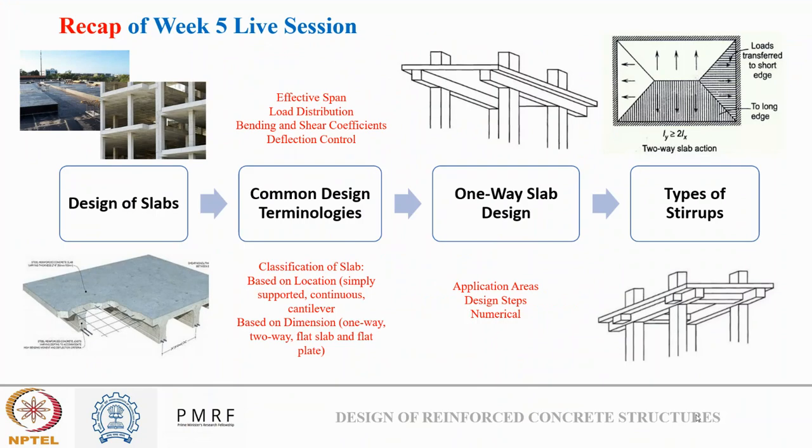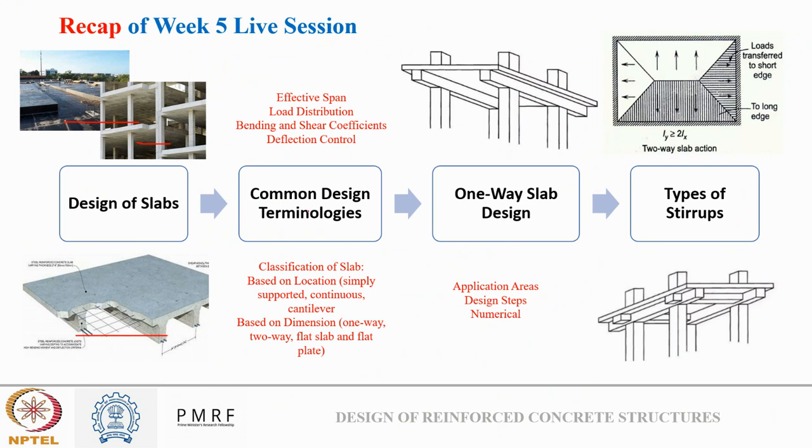So in the last live session of mine we started our discussion over design of slab, wherein we first saw the basics of slab design in terms of application and in terms of technical definition.